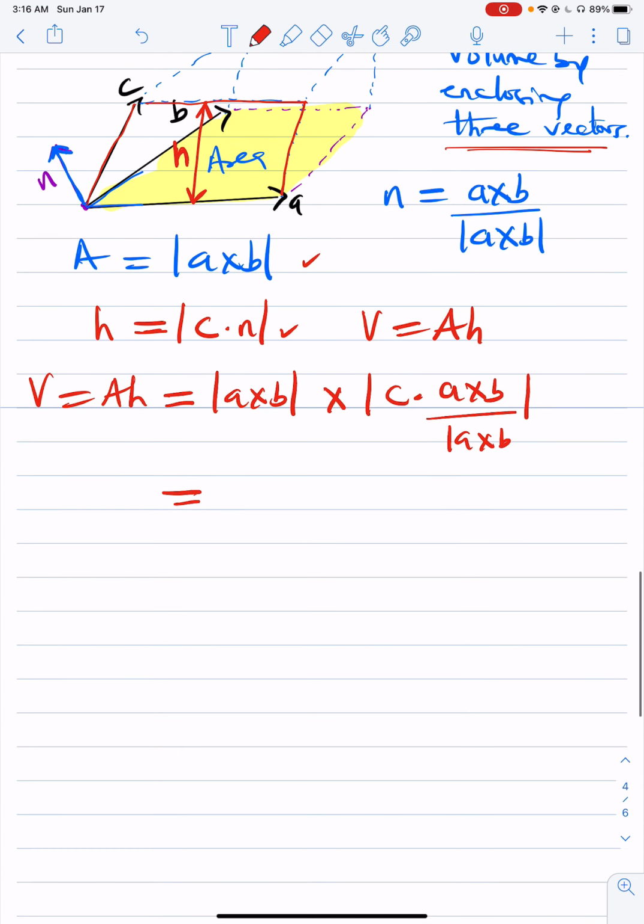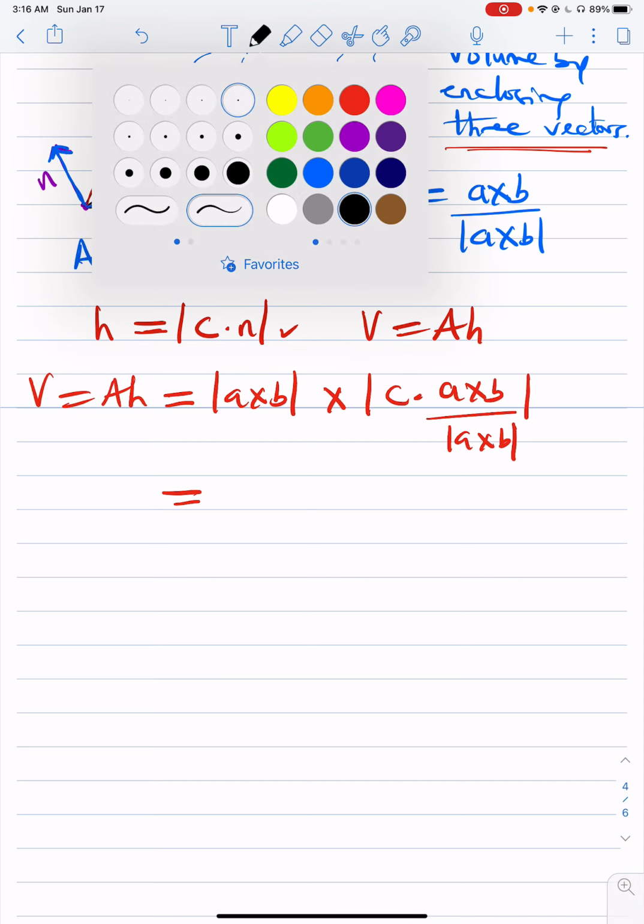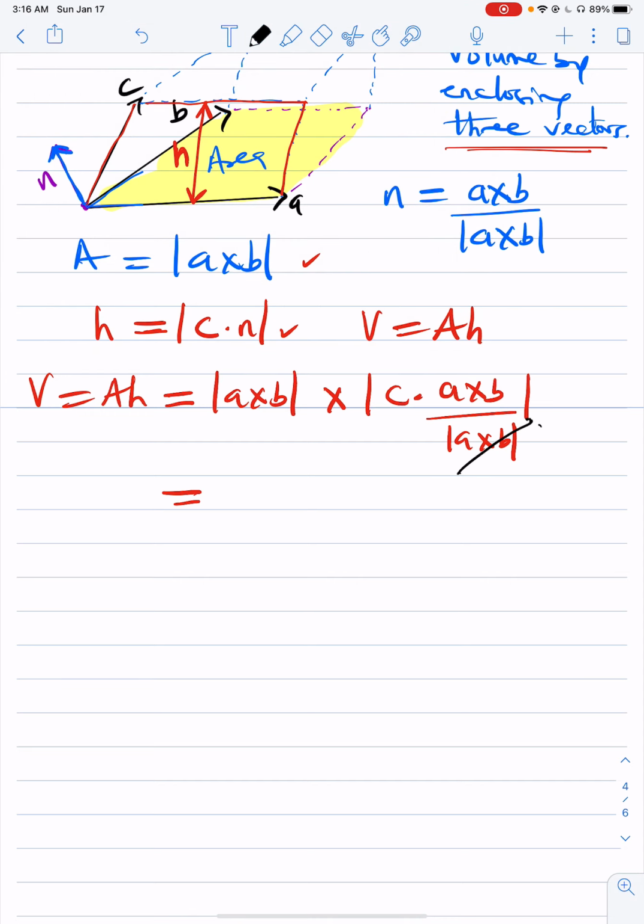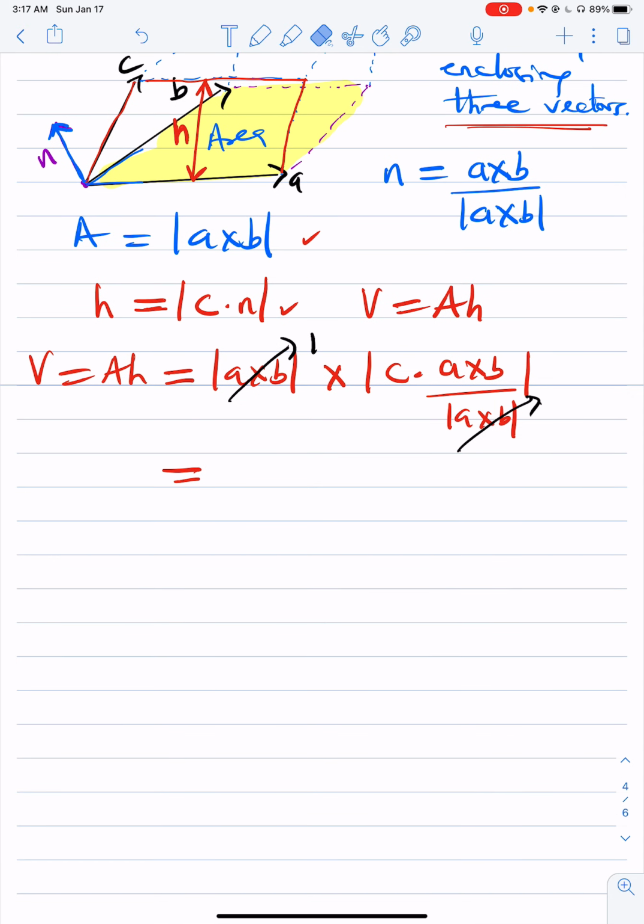Equal to, now this one, we get rid of this, right? Sorry, not 0 but 1. Yep. To leave us with C dot A cross B, right?